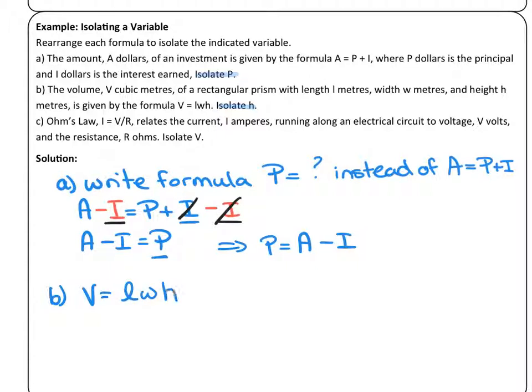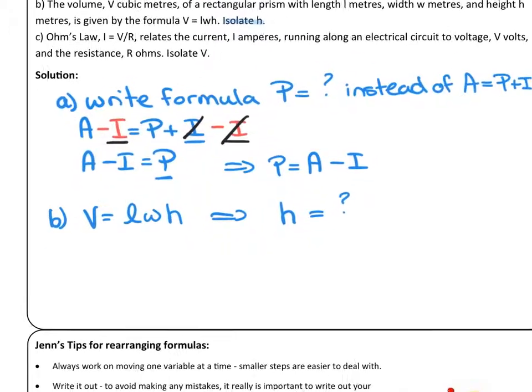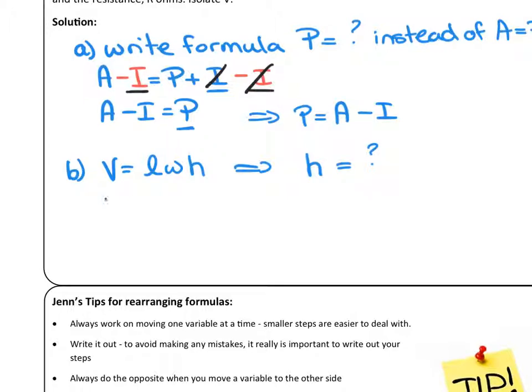We want to get the formula to look like H equals something. We're going to do the same thing. If everything is multiplied on this side, in order to move it over, we're going to divide.